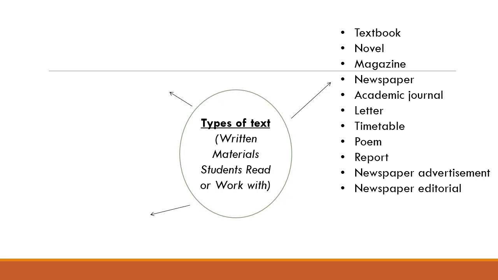But the important thing is designers or teachers need to identify clearly the types of text that are relevant to their students in class and the purpose of the test. So for example, if it is used for a proficiency test or a placement test, then the types of text might be chosen accordingly too.